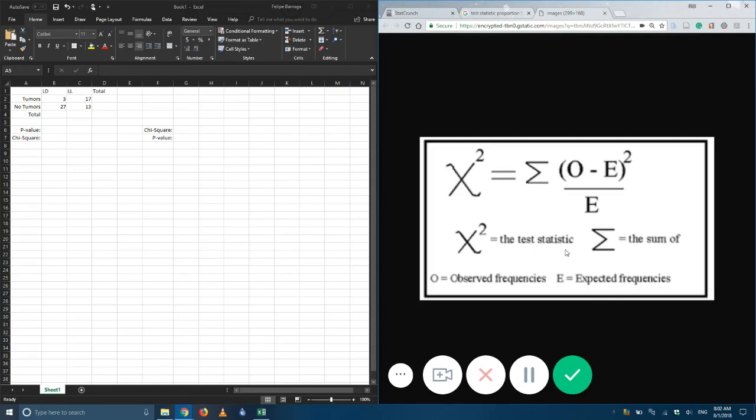I'll be showing you how to calculate the chi-square test statistic in Excel for this one. There's a couple of formulas you can use. Before we can even start, there's a couple of things we gotta do to set up. One thing is we gotta find the row sums and the column sums for the information that's given.